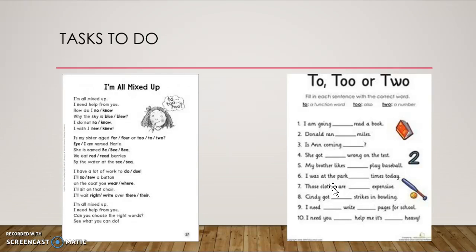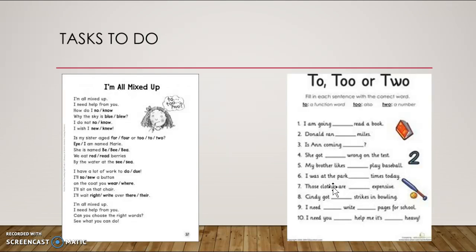For example, you can have some milk too. To with single O is a preposition. For example, give it to the dog. It is also showing the infinitive form of a verb, I want to run.